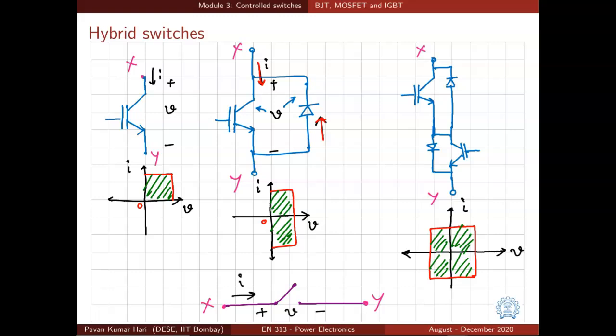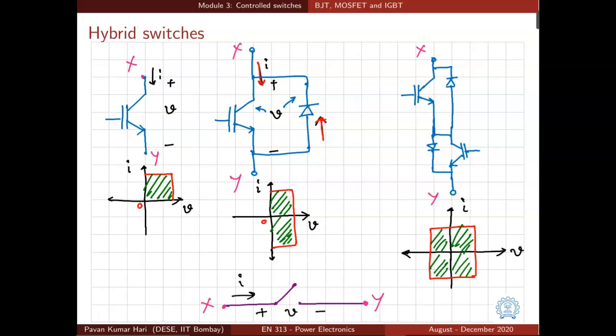Now when you connect two of them in an appropriate manner, for example you flip this combination of IGBT and diode and connect it with the original one in the third, rightmost figure, we can say that this particular device can block voltage in either direction.